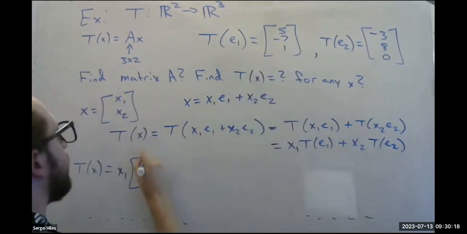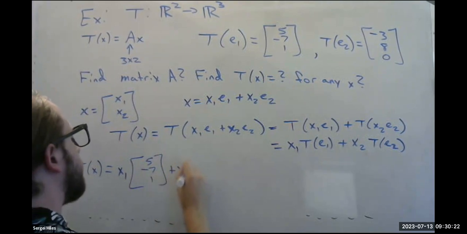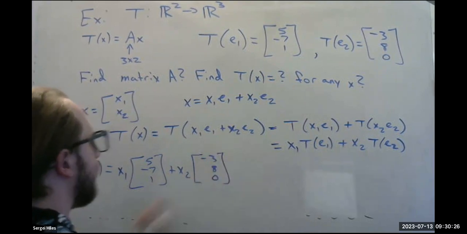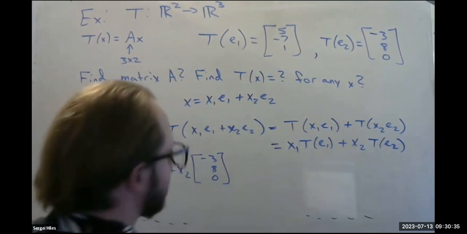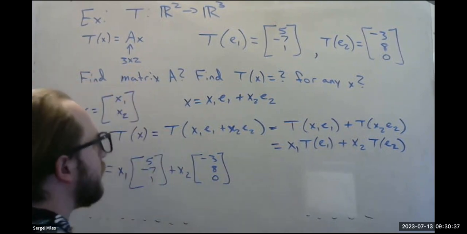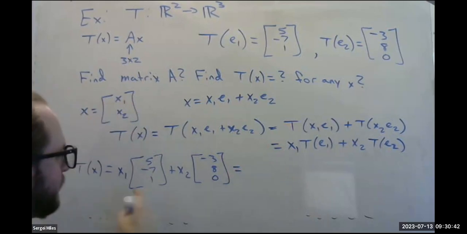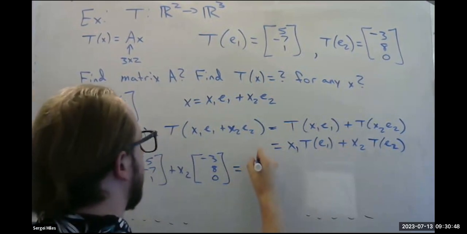T of e1 is 5, negative 7, 1. T of e2 is negative 3, 8, 0, right? But this is just a linear combination, right? So there's 2 ways I can write this. One, I could pull this apart into matrix multiplication, since all linear combinations are matrix multiplication.